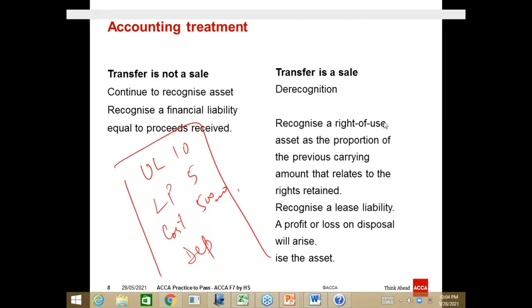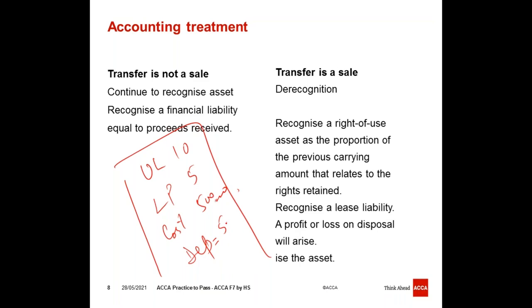Yes, if the useful life is 10 years and the lease period is 5 years, according to IFRS 16 you need to take the useful life or the lease period, whichever is lower, in order to calculate depreciation. So the lower is 5, so depreciation should be 100,000.